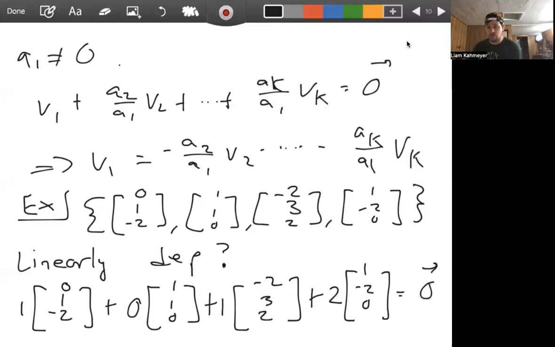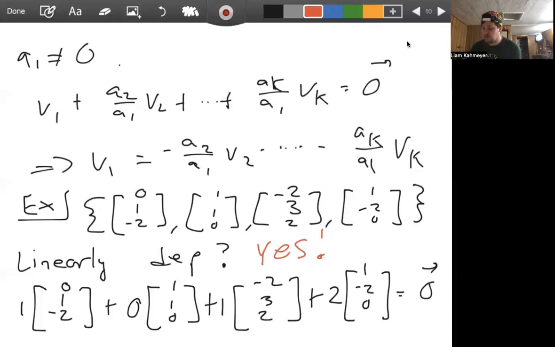If you do the arithmetic, you get the 0 vector here. But in fact, only one of these coefficients is 0, and because of that, yes, this set of vectors is linearly dependent.